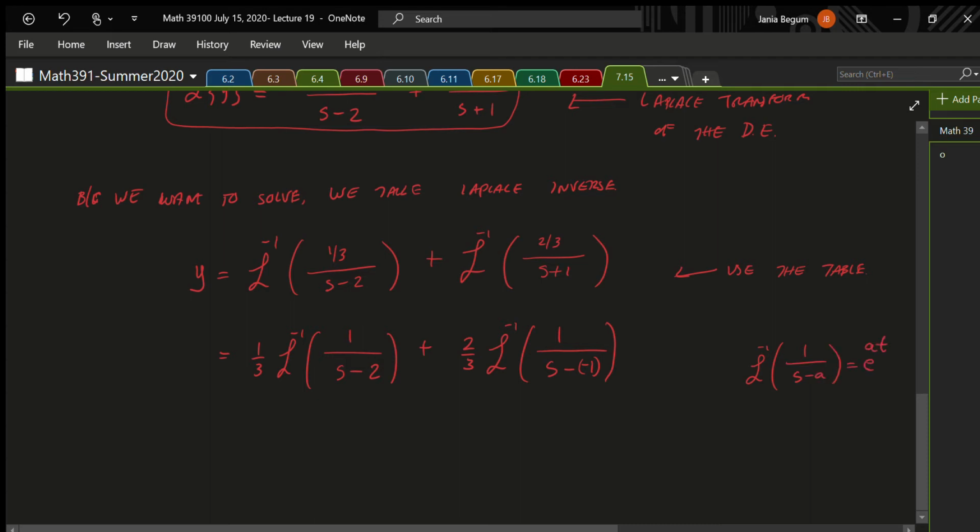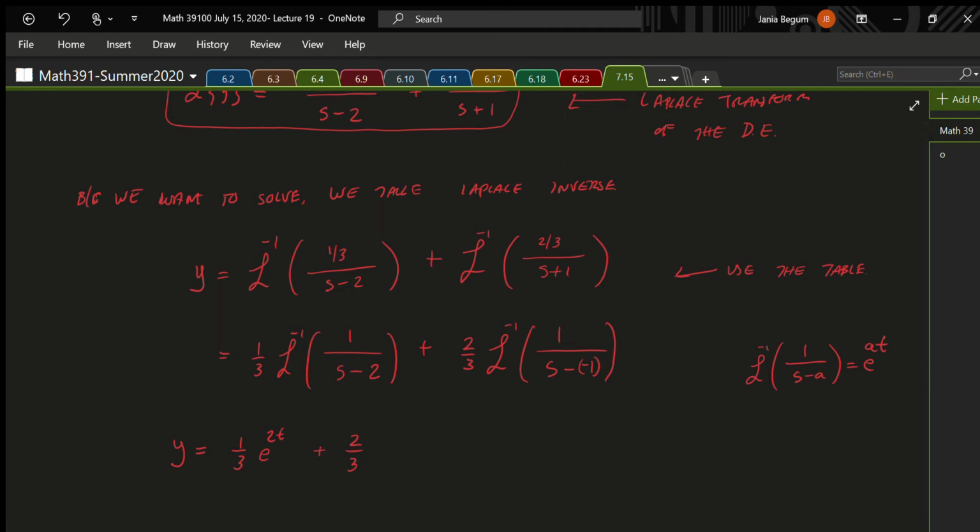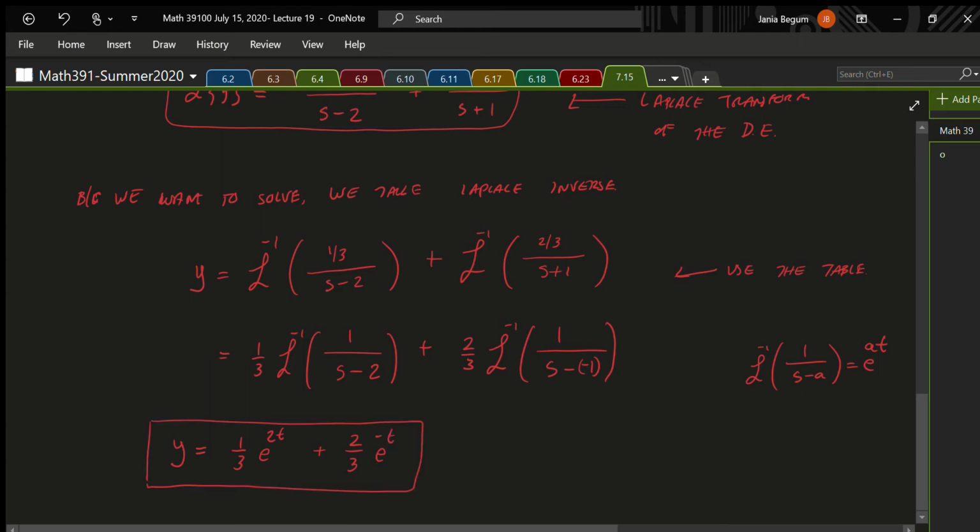That's what we know from the table. So therefore our solution is 1/3, so the first one looks like a is 2, so that's e to the 2t, plus 2/3, and the second one is also that same exponential form, but a is -1, so that's e to the negative t. And there you go, that's your solution to the initial value problem.